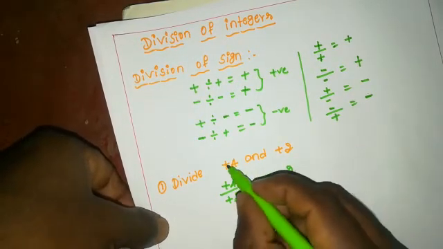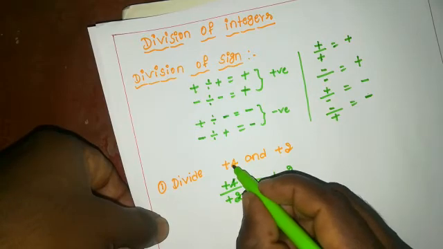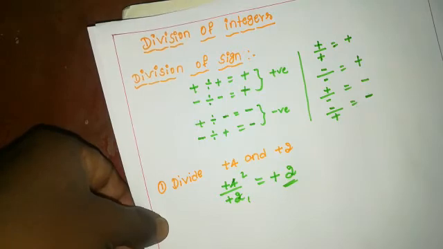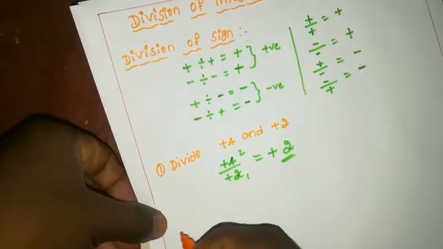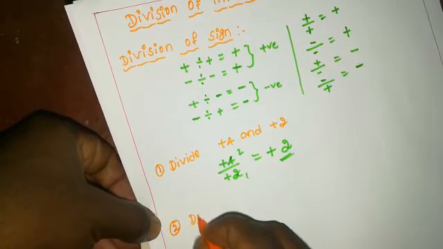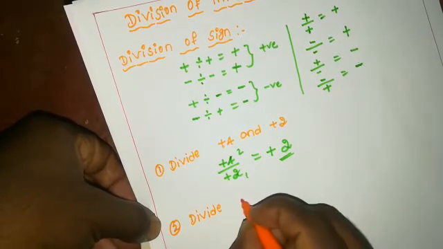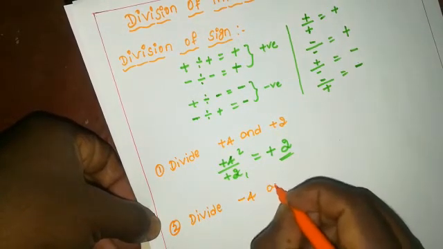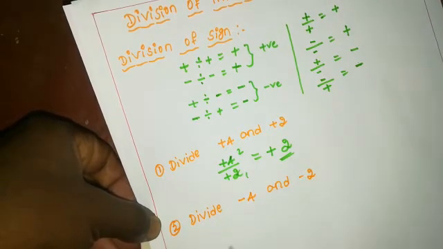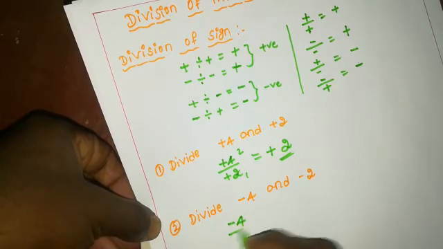When we are dividing two positive integers, we always get positive. Suppose both the integers have the negative sign, then how do we divide? Let's see. Divide -4 and -2. Here we have to divide -4 by -2.